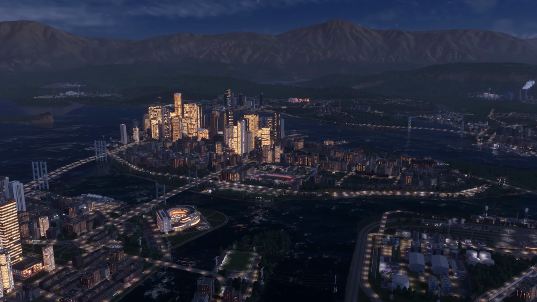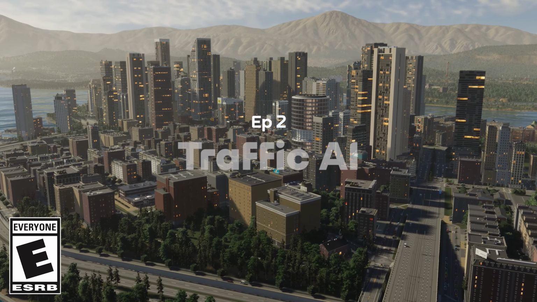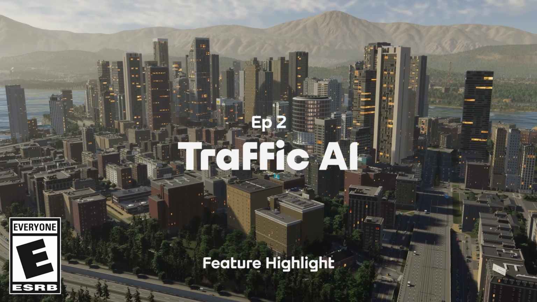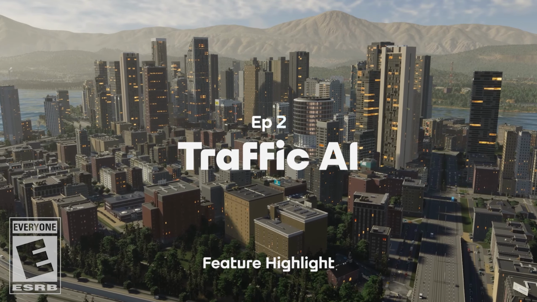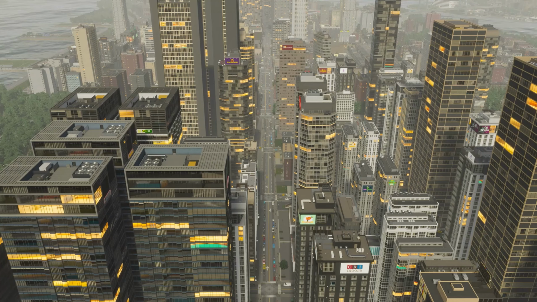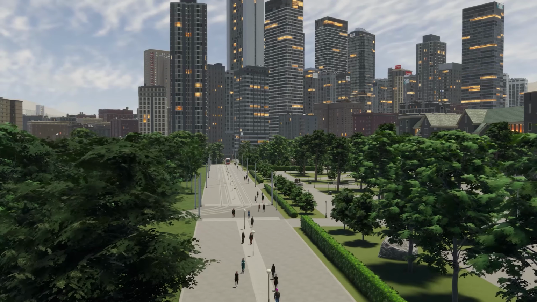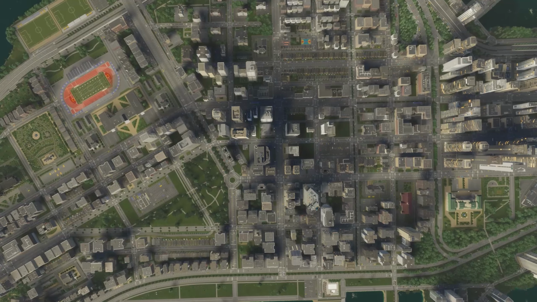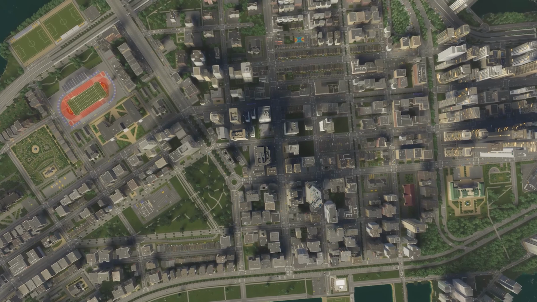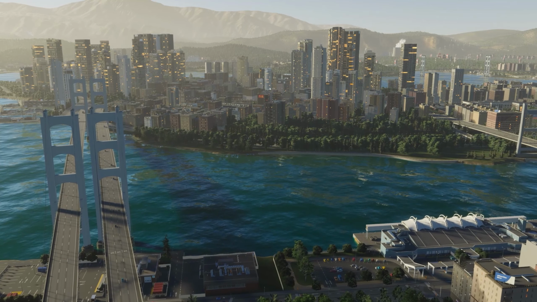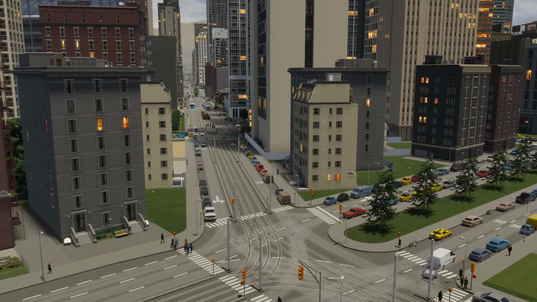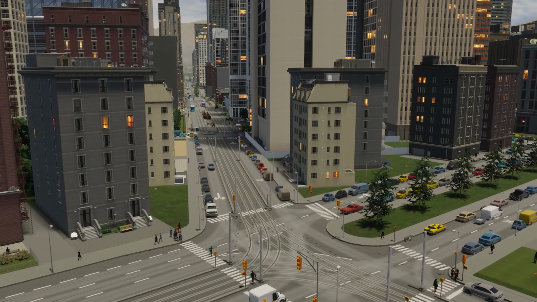Now, taxis initially pick up fares at taxi stands only, but if you do an upgrade on the taxi depot, they can pick up fares anywhere in the city. There's also an option where service vehicle operations can be limited to player-created districts. So you basically create a suburb and you can tell your services to just work in that specific district.